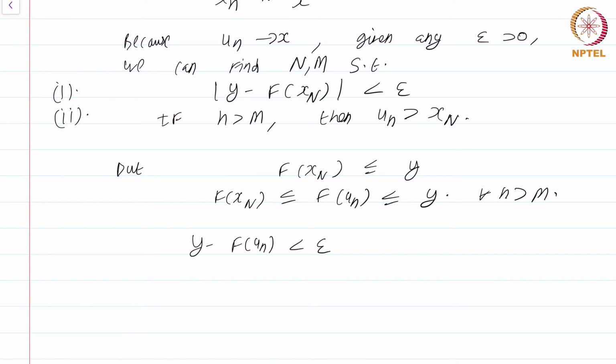There's no need for the modulus because we know that f of un is less than or equal to y. This shows that f of un converges to y. So the claim is proved.